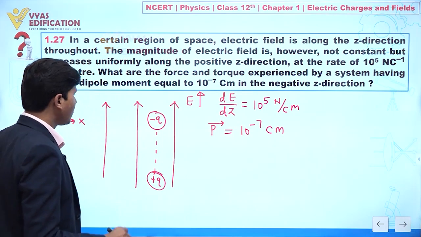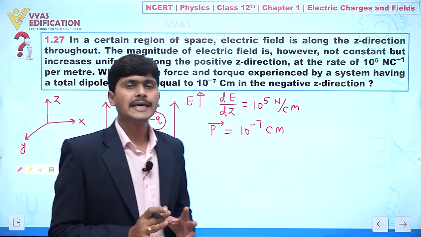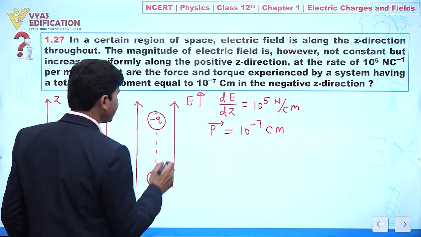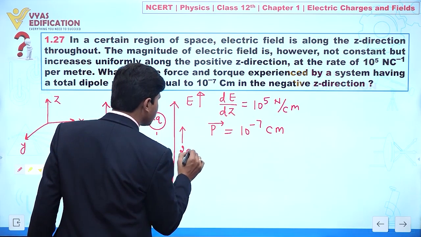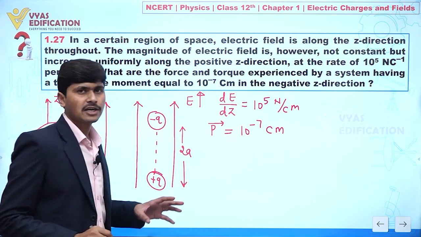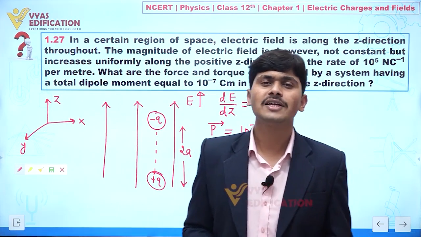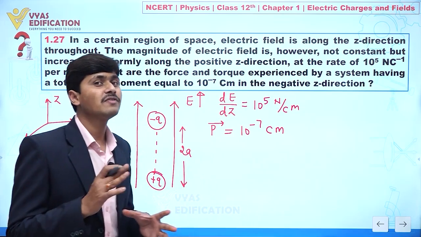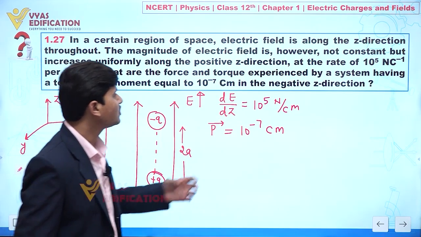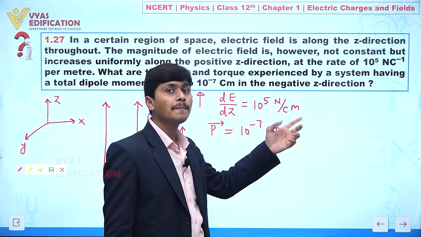Now listen carefully. Whenever we place an electric dipole with a distance 2a between the charges in an electric field, the important part is that this electric field is actually varying with space. This is given because 10 to the power 5 Newton per coulomb per meter is given.